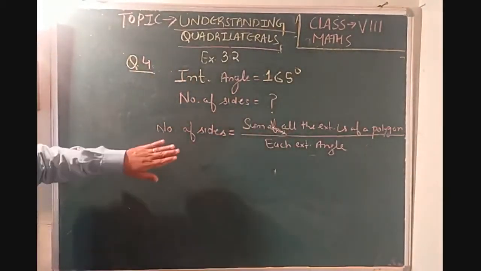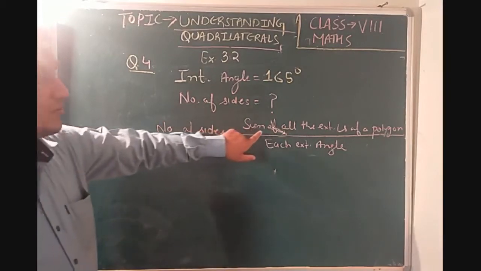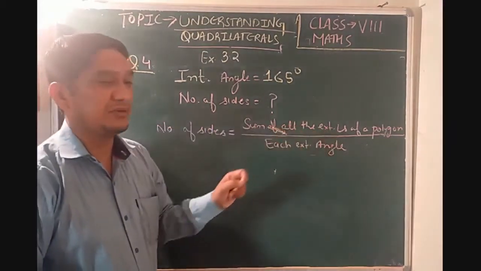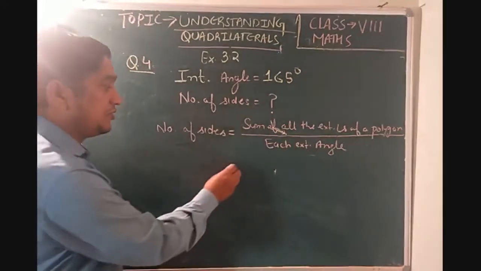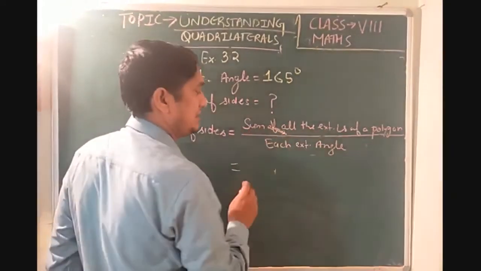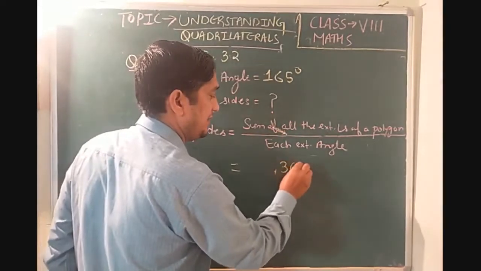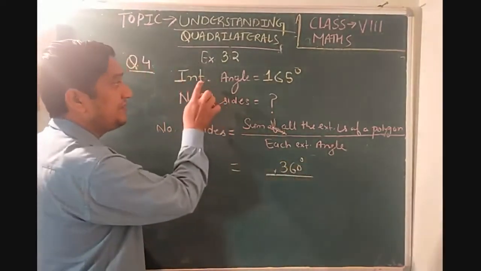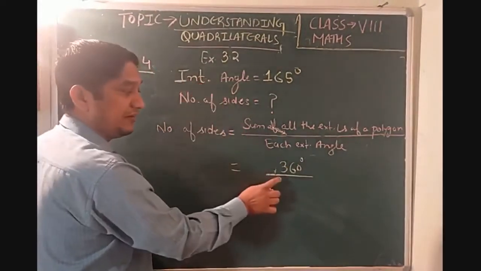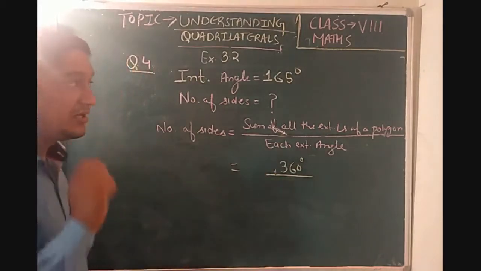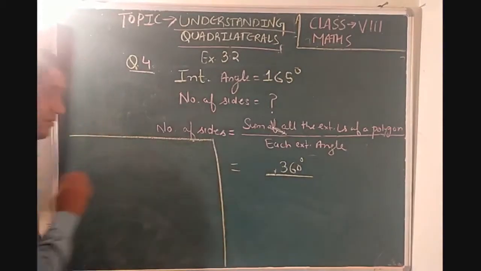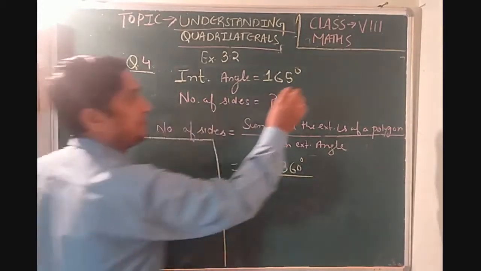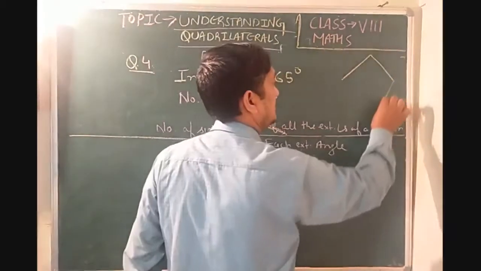Now children, we know that the formula is: number of sides is equal to the sum of all the exterior angles of a polygon divided by each exterior angle. The sum of all the exterior angles is 360 degree. But here we have the interior angle, we don't have the exterior angle. So children, remember always, let us suppose we have a polygon like this.